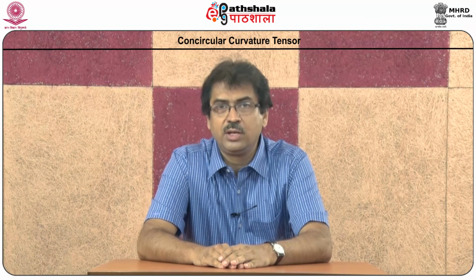So, in module 3 of chapter 10, we have learned about 3 types of mappings and their curvature tensors. The first one is projective mappings and the projective curvature tensor. The second one is conharmonic mapping and the conharmonic curvature tensor, and the third one is concircular mapping and the concircular curvature tensor.